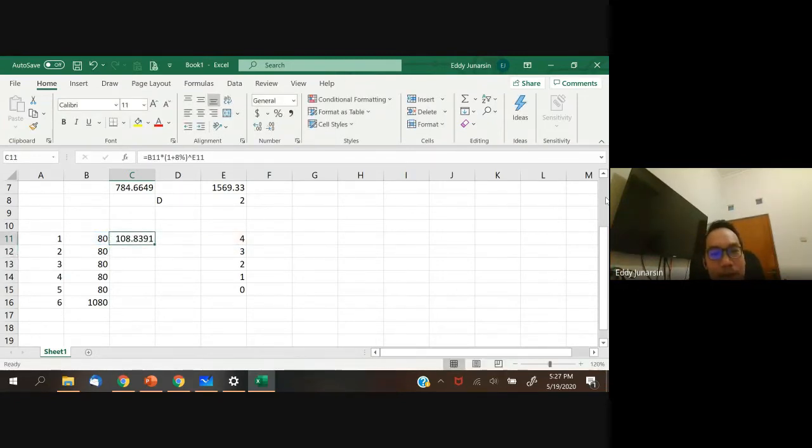And of course, this would be to the power of 3, to the power of 2, to the power of 1, and to the power of 0. That's the purpose of using this, because we can do the copy and pasting faster. So to the power of 4, 3, 2, 1, 0, and sum them together here.